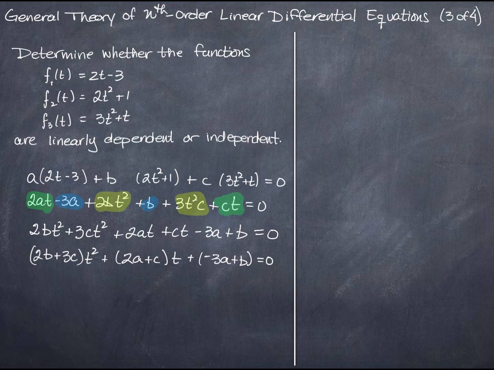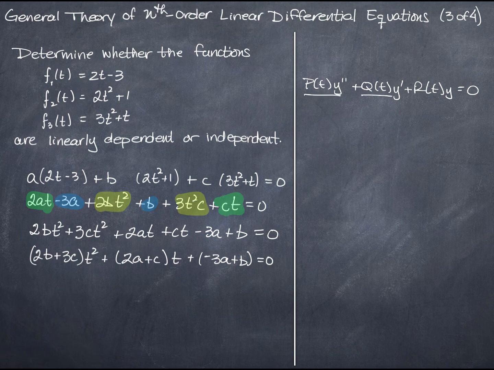And in particular, we have a differential equation. I think I'll just write one out over here. P of t times y double prime, this is for the second order case, plus q of t times y prime plus r of t times y equals, because we're dealing with homogeneous equations, I'll just go with 0.